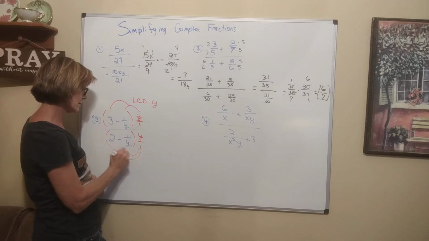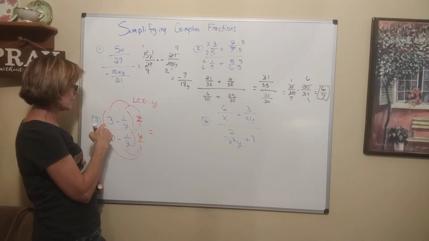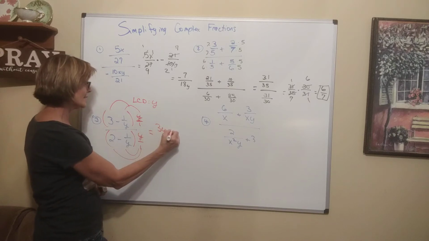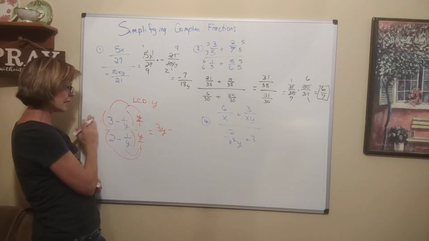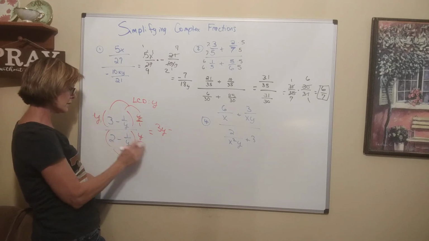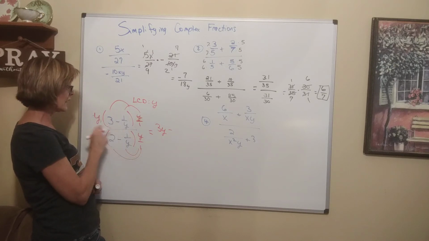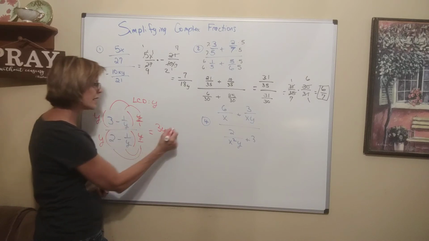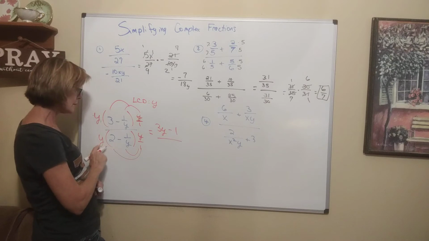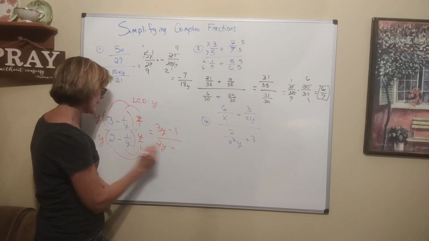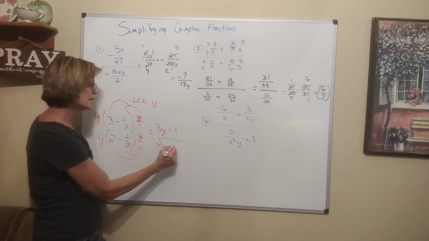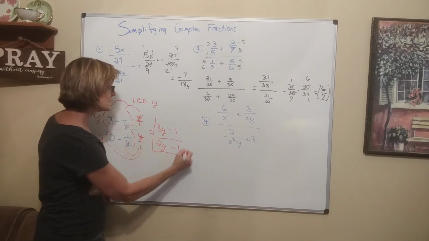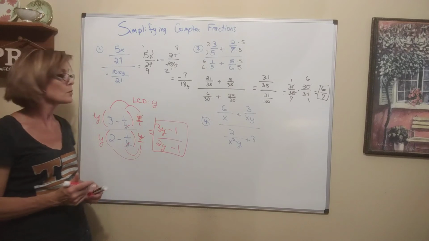So what I get here is 3 times y, or 3y, minus 1 over y times y. If I want to write it down so I can see it distribute, that's fine. 3 times y is 3y, minus y over 1 times 1 over y is 1. 2 times y is 2y, minus 1 over y times y over 1 gives me a 1, because these will cancel. And so this is the answer. That's the simplified form of that.